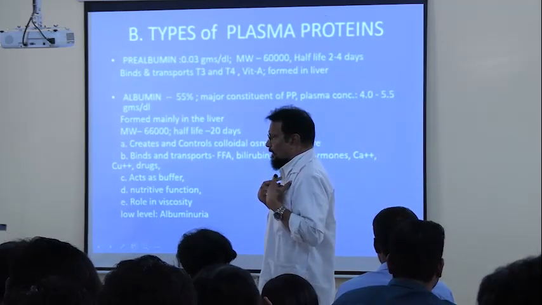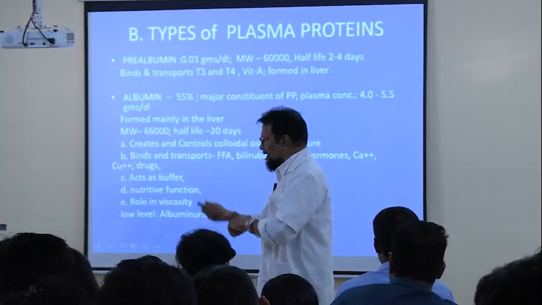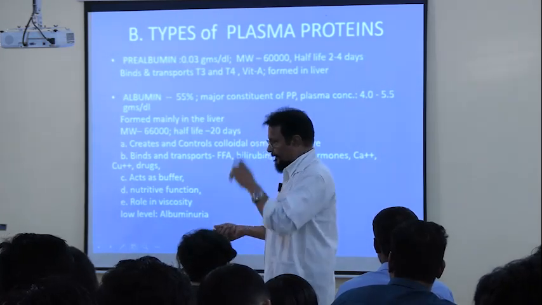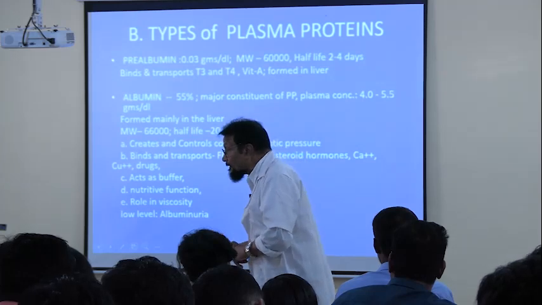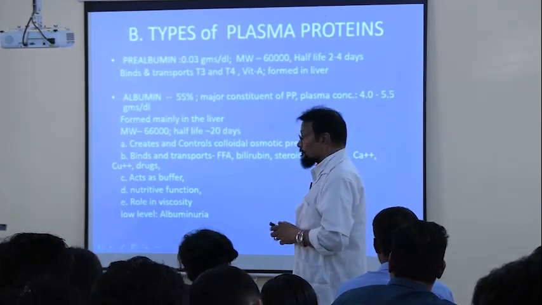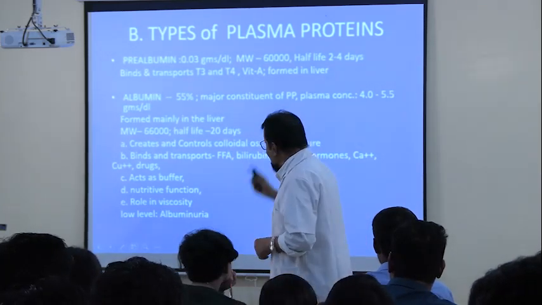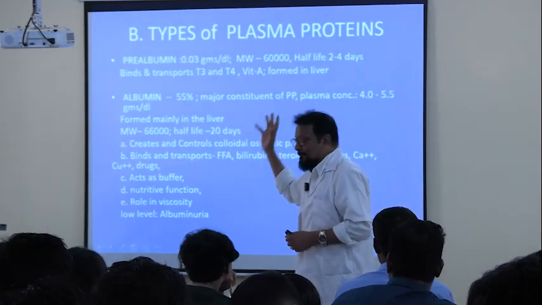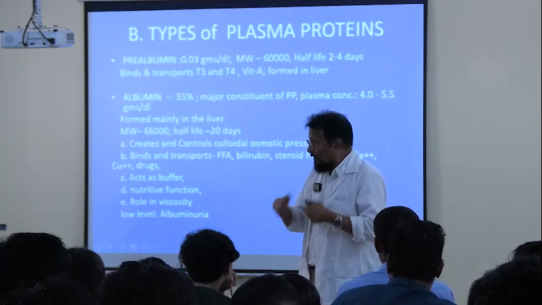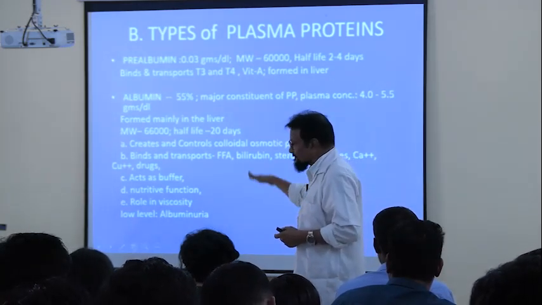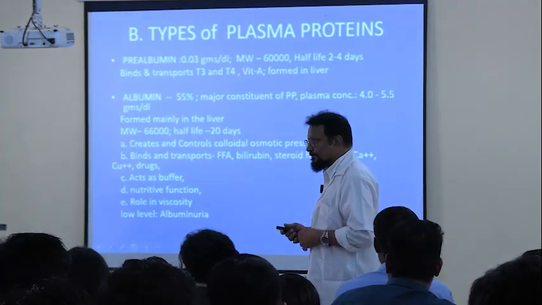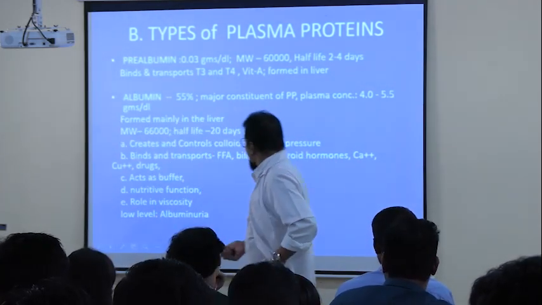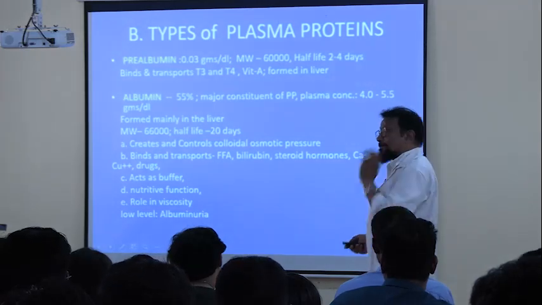If I need energy now, there is no storage of carbohydrate, no storage of glycogen, no storage of fat. So what to do? I will start using protein. I will take protein first from the plasma. Because of utilization of proteins for generating energy, there will be depletion of plasma proteins. In that way, it can serve a nutritive function. Understood?